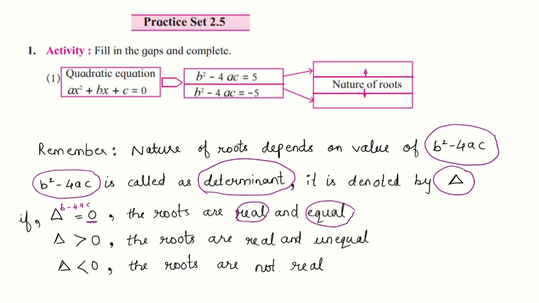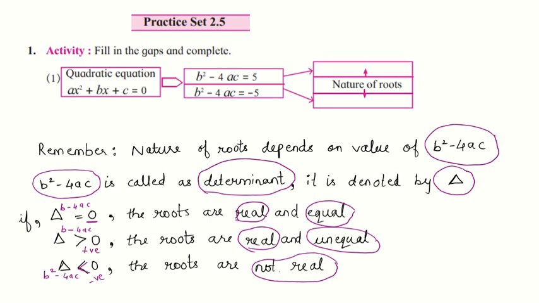Next, if delta is greater than 0, that is a positive number, then the roots are called real and unequal. And if we get the value smaller than 0, that is a negative number, the roots are not real.